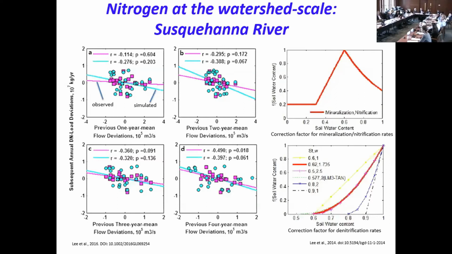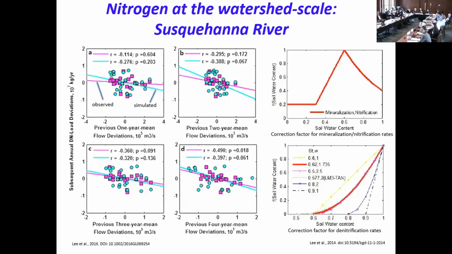And when we do modeling at that scale, we use some very simplistic and, to me, highly unsatisfying relationships where this is a multiplicative factor that we apply to the ammonium oxidation rate as a function of the soil moisture. So we're saying essentially that when my soil is dry, bacteria need water, they live in a wet environment, the maximum my nitrification can occur is at 20% of its maximum potential.